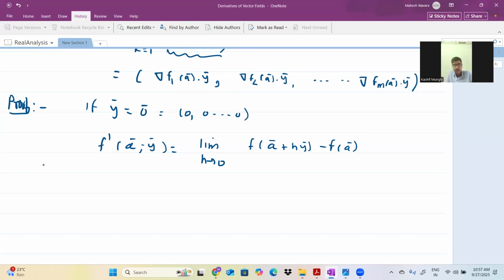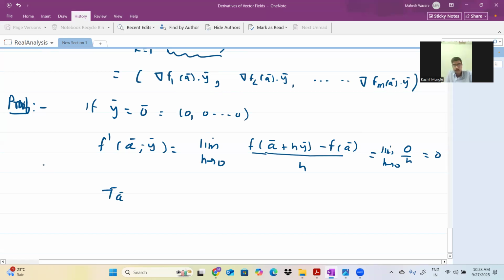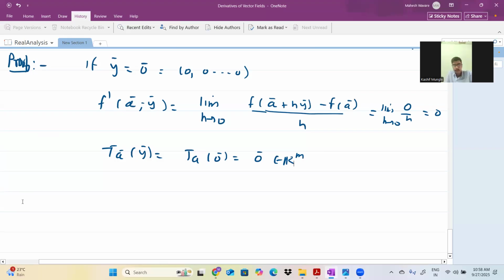If you put y bar equal to 0 here, what will happen? F of a bar and F of a bar will cancel, it will become 0. This is one side. And what is T of a y bar? In any linear transformation, the image of the 0 vector is 0. This 0 vector is from Rn and this 0 vector is from Rm. So equality holds for this.